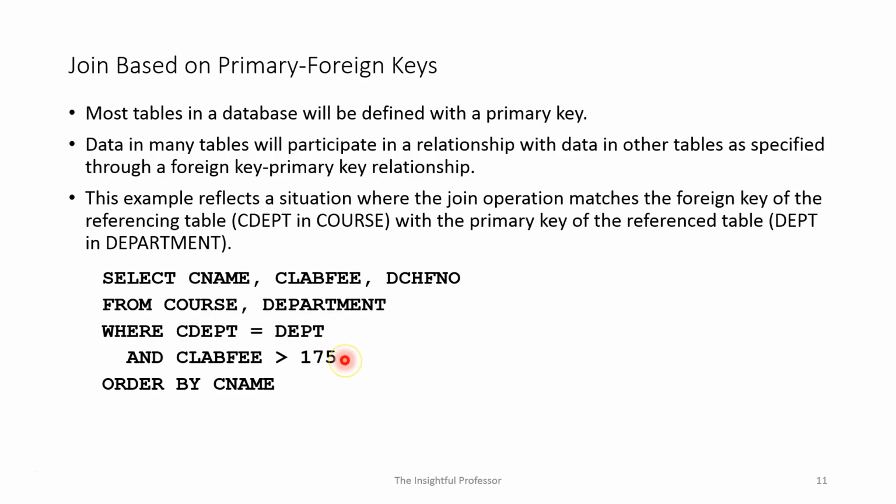Furthermore, we do a little filter and exclude some of the rows based upon lab fee. One final point is that we are producing a result table, and we can actually add to the query an order by to control the presentation of the result so that the rows come back sorted or in order in some way. So we're exploiting a relationship here that might be called courses offered by department.